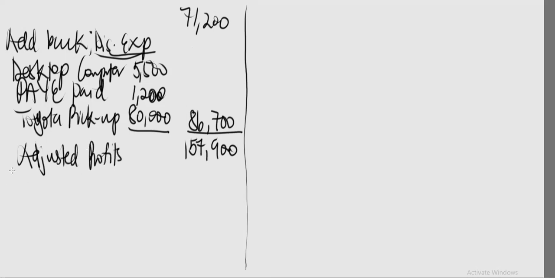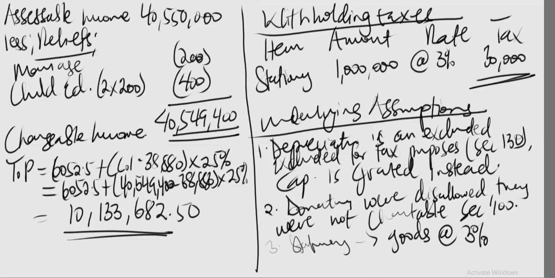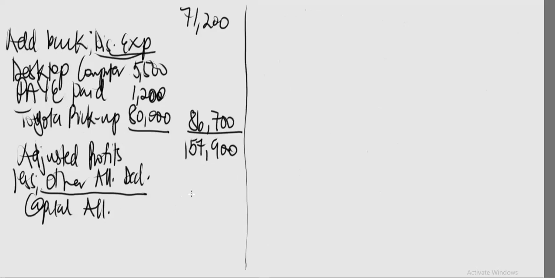Then we now less other allowable deductions. We have capital allowance as the only other allowable deduction, and per the workings we had our capital allowance to be 26,200. We take it out, then that gives us our chargeable income, or you could say he has some reliefs.